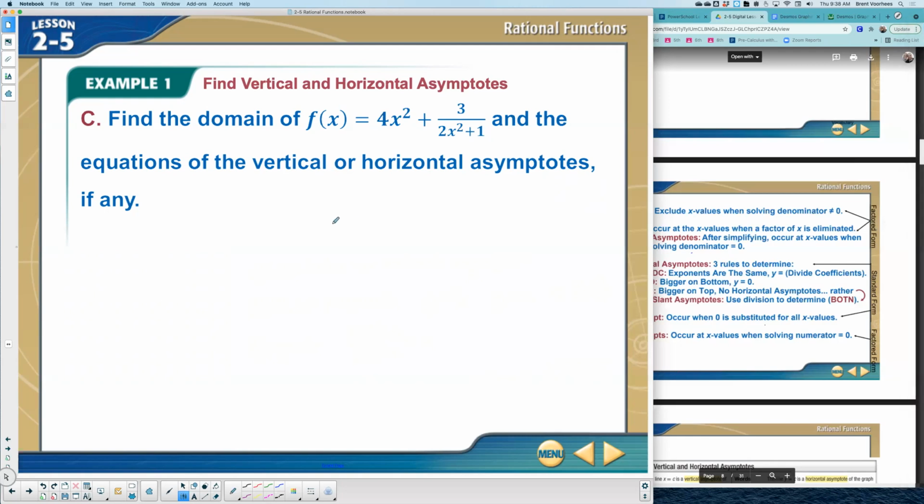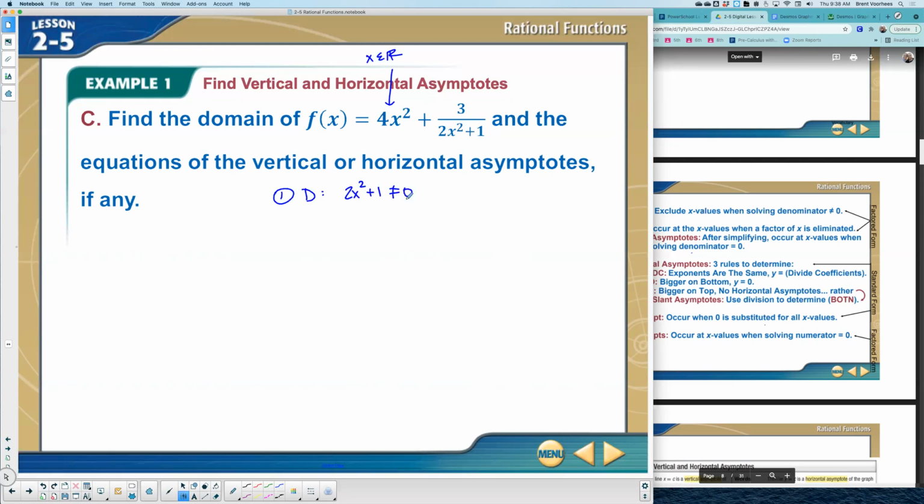What's the first thing we've been finding? Domain. So the domain, all right. What is the domain of this portion right here? This is all reals. Good. So that's not going to be thrown off. This is the part that might throw off my domain. What are you not allowed to divide by? 0. So we would say that 2x squared plus 1 cannot equal 0.